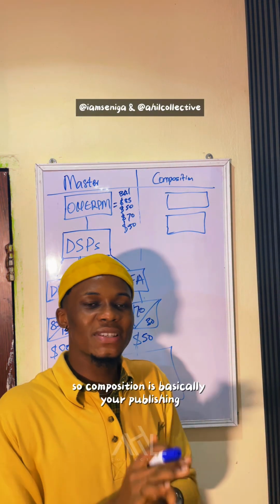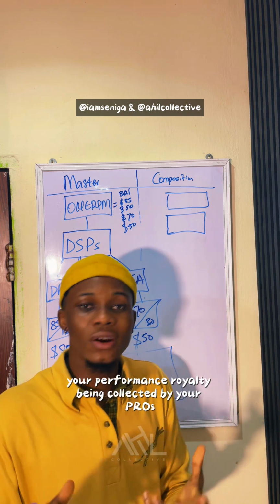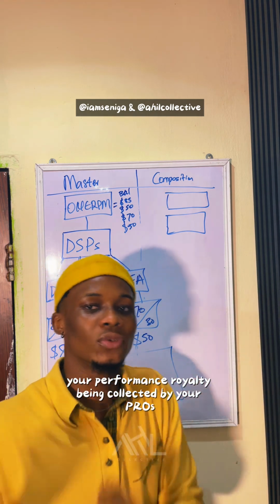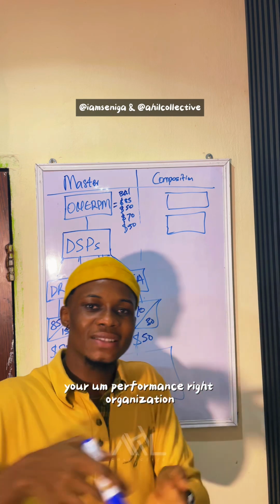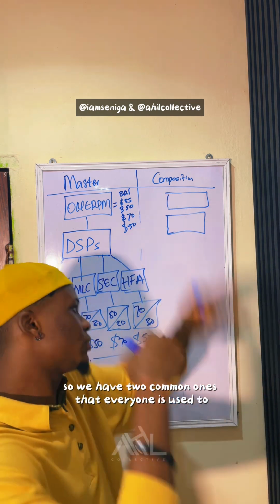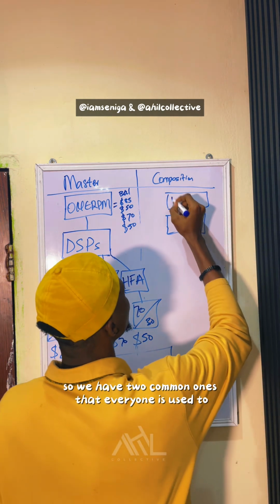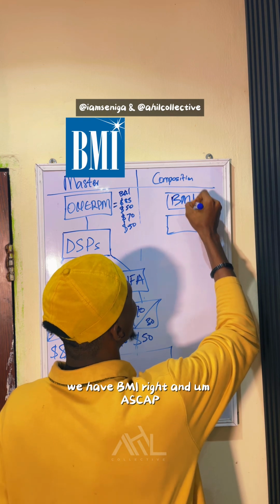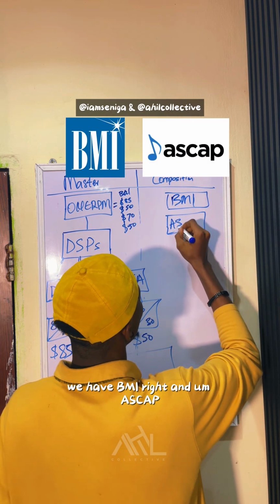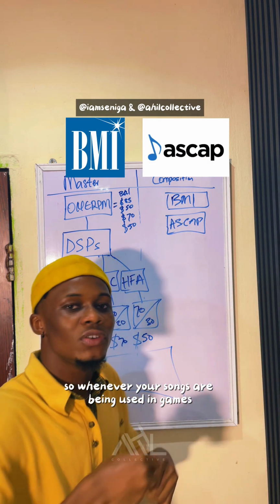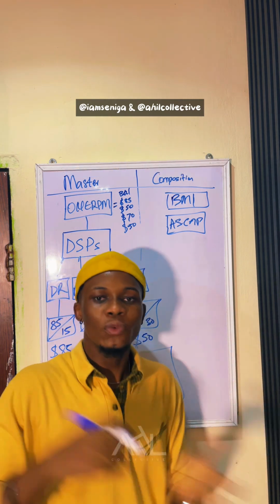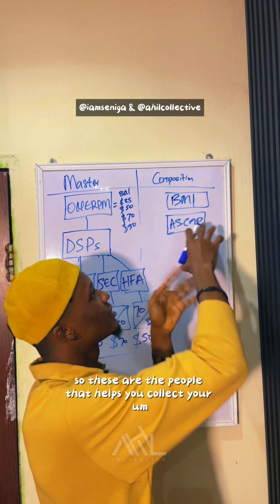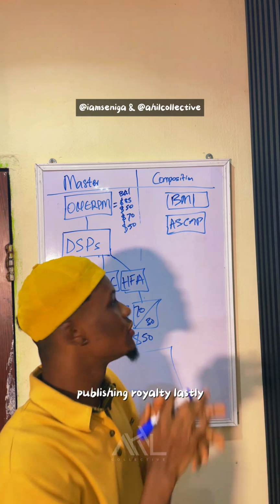Composition is basically your publishing, your performance royalty being collected by your PROs, your performance rights organizations. We have two common ones that everyone is used to: BMI and ASCAP. Whenever your songs are being used in games, movies, these are the people that help you collect your publishing royalty.